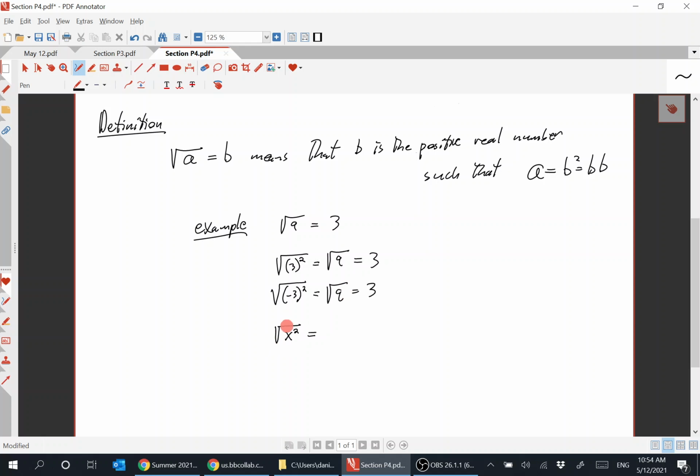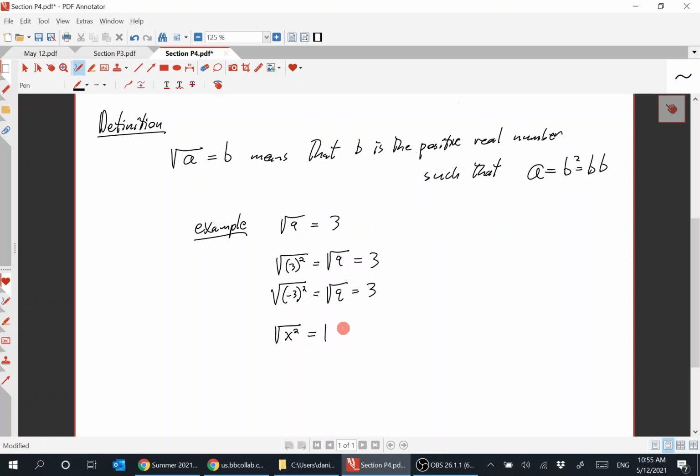So in general, the square root of x squared is what? What expression do we use to make something positive? Yeah, there's a symbol that we use, and we actually have a name for that. Absolute value. Yes, your intuition is right.